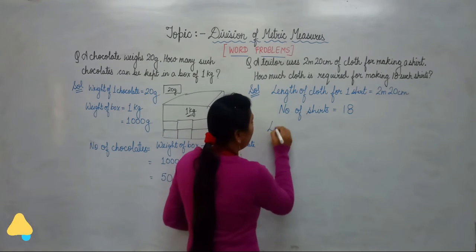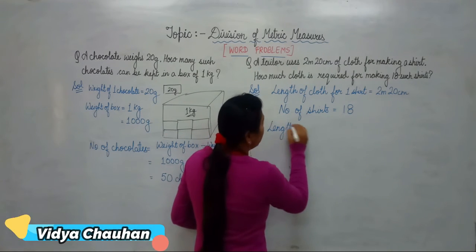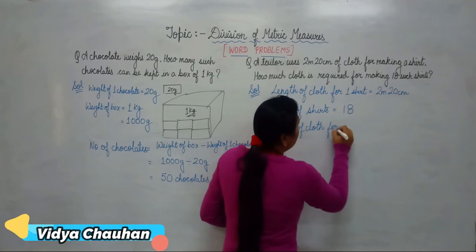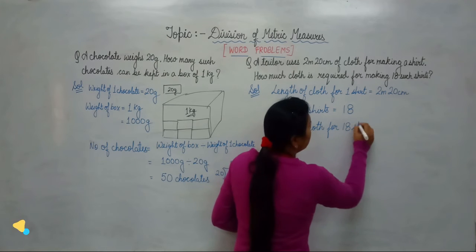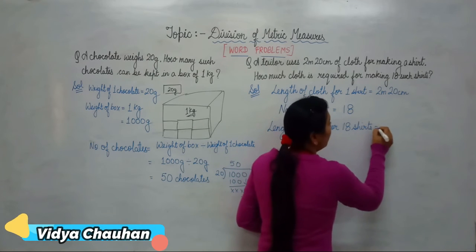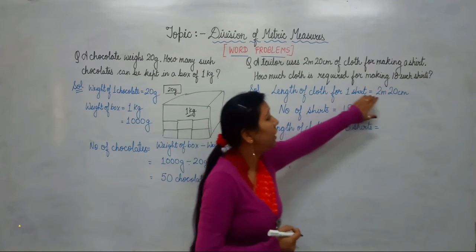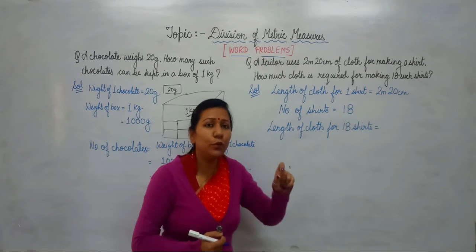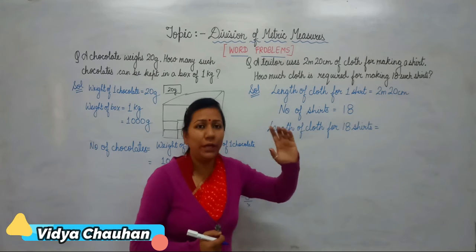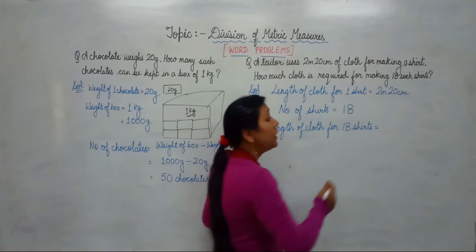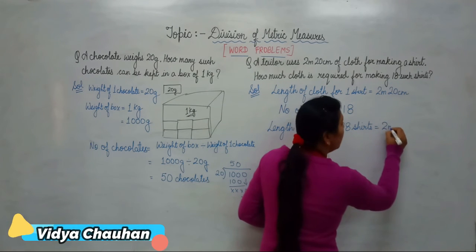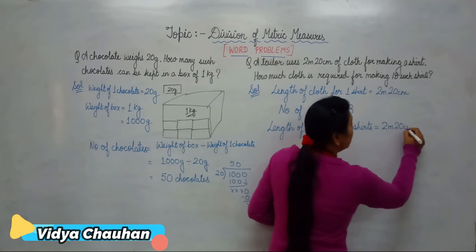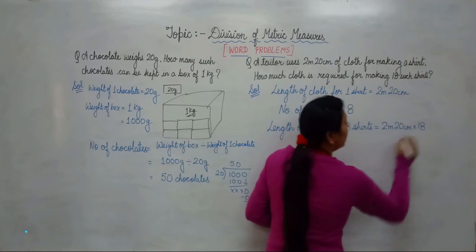So, the length of cloth for 18 shirts will be equal to, if for one shirt it is 2 meter 20 centimeter, as I said, it is repeated addition of 2 meter 20 centimeter, 2 meter 20 centimeter, and so on. So you have to do the multiplication, because repeated addition means multiplication by the same value.